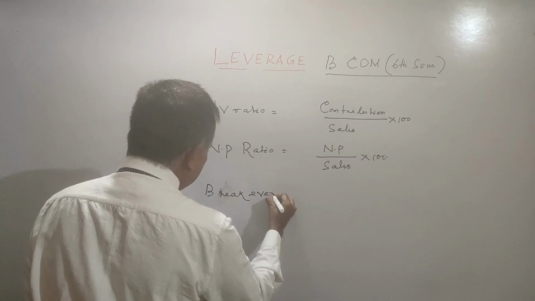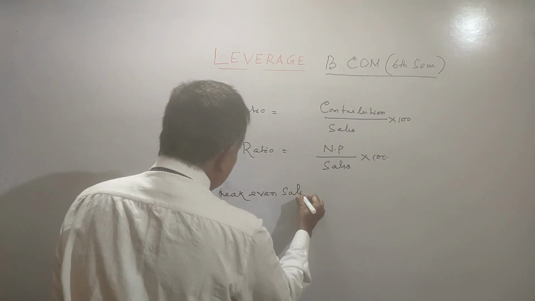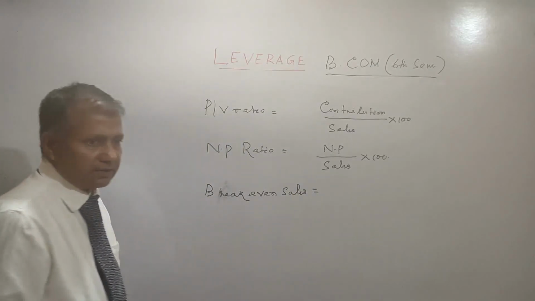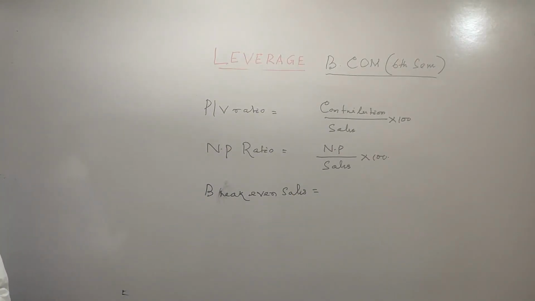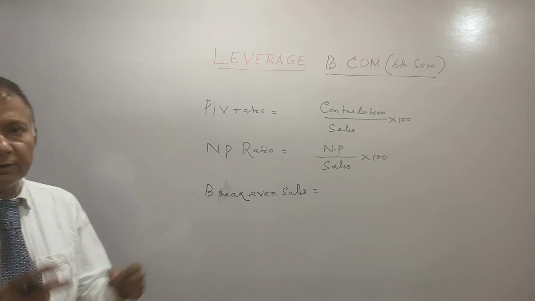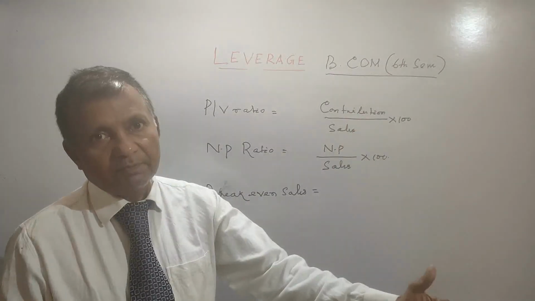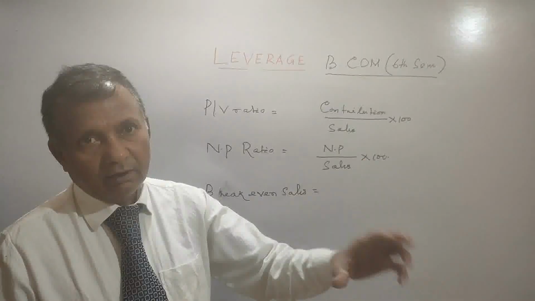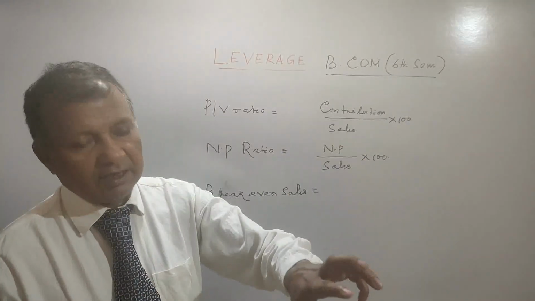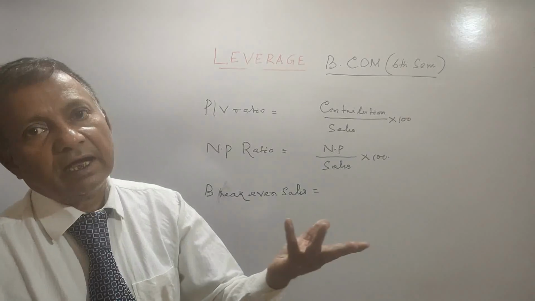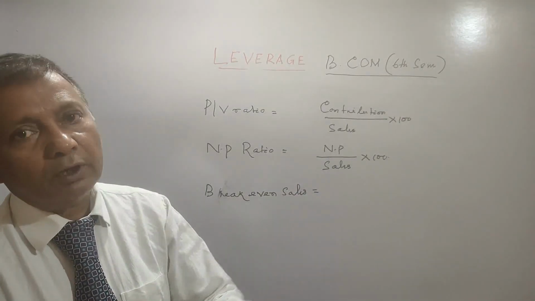Break even sales. The break even sales is that sale where there is no profit, no loss. Break even sales is the level of production and sale where the company does not earn profit, does not incur loss, neither profit nor loss.